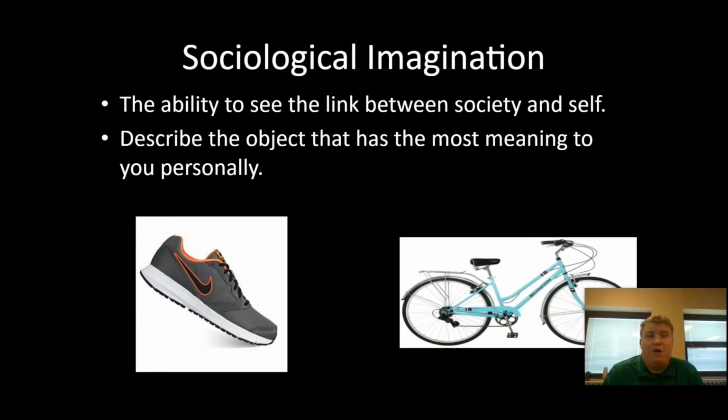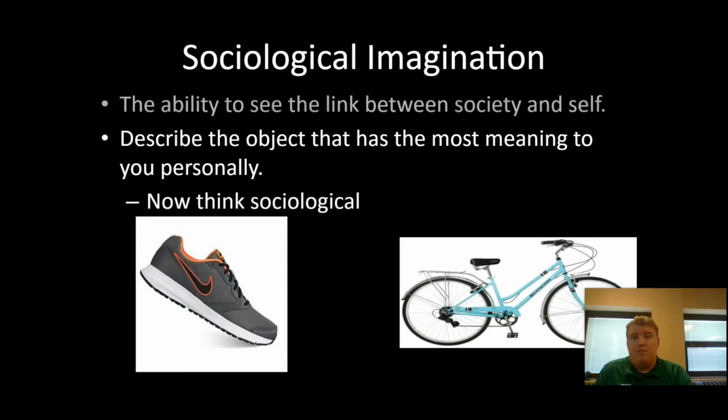I see what I did basically every single day this summer, and that is to go on bike rides throughout Portage and Chesterton and Hobart, and how I got to see some of my friends by biking. And we spent a lot of hours with each other. So that's one way to kind of see the link between yourself and society. And hopefully that helps you understand that whole idea of sociological imagination.